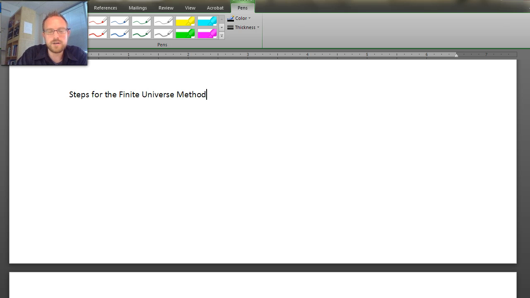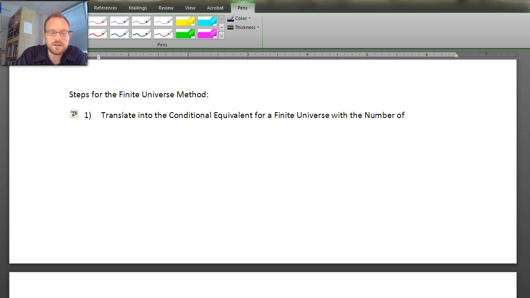And I prefer actually to type these out so that it's totally clear to you. The first thing is to translate into the conditional equivalent for a finite universe with the number of things equal to n.